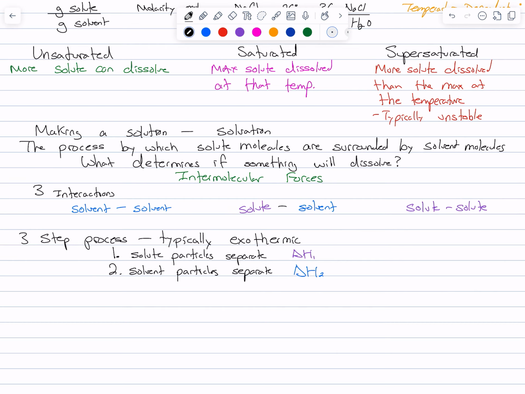And three, the solvent and solute mix, and that also has an energy associated with it. And so the enthalpy of the solution, usually ΔH sol or soln, would be equal to the three steps added up.